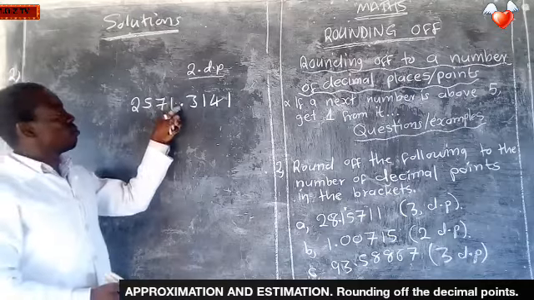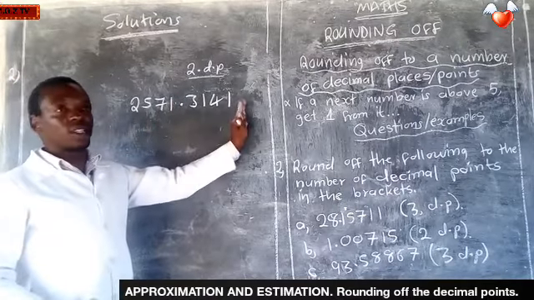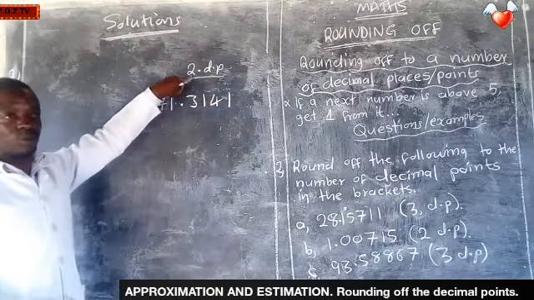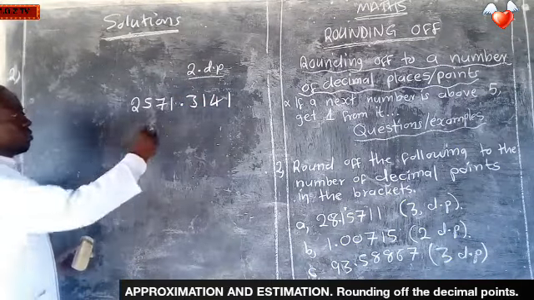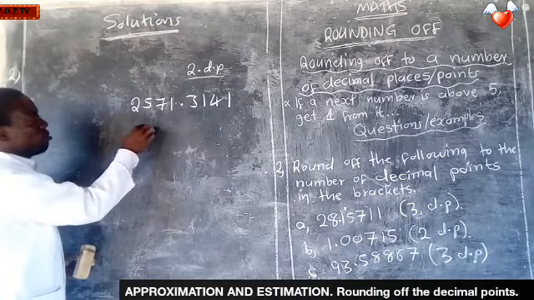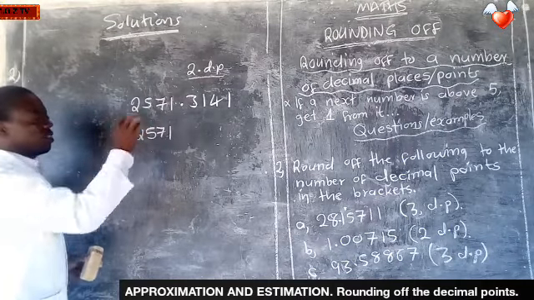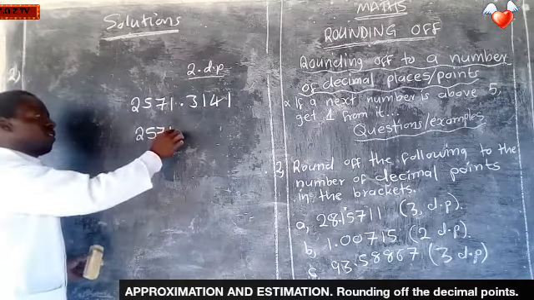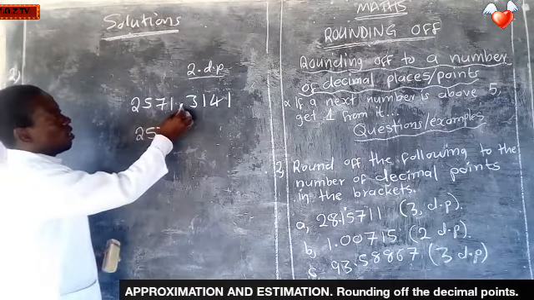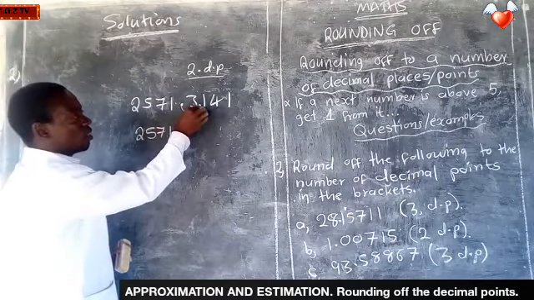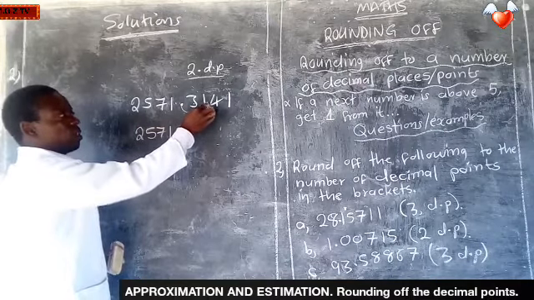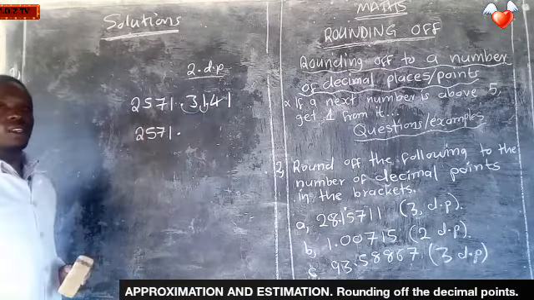But after the decimal point, moving to the right, I should just have how many numbers? 2. So what I will do is, before the decimal point, I have these numbers. You write them without changing anything. Put even a point. Then now you move from here, I'll say 1, then 2. My second position is here.